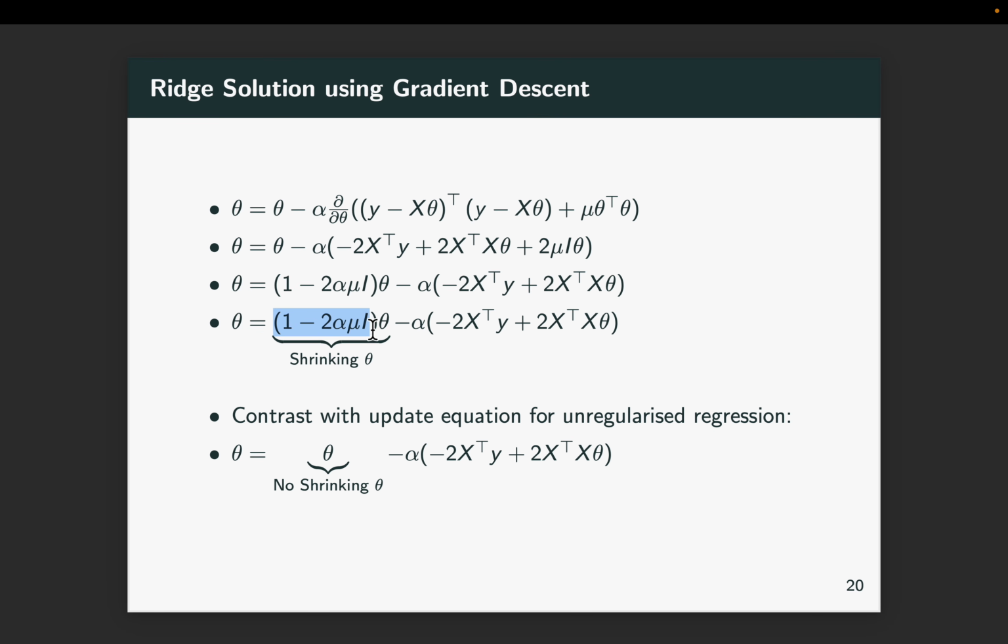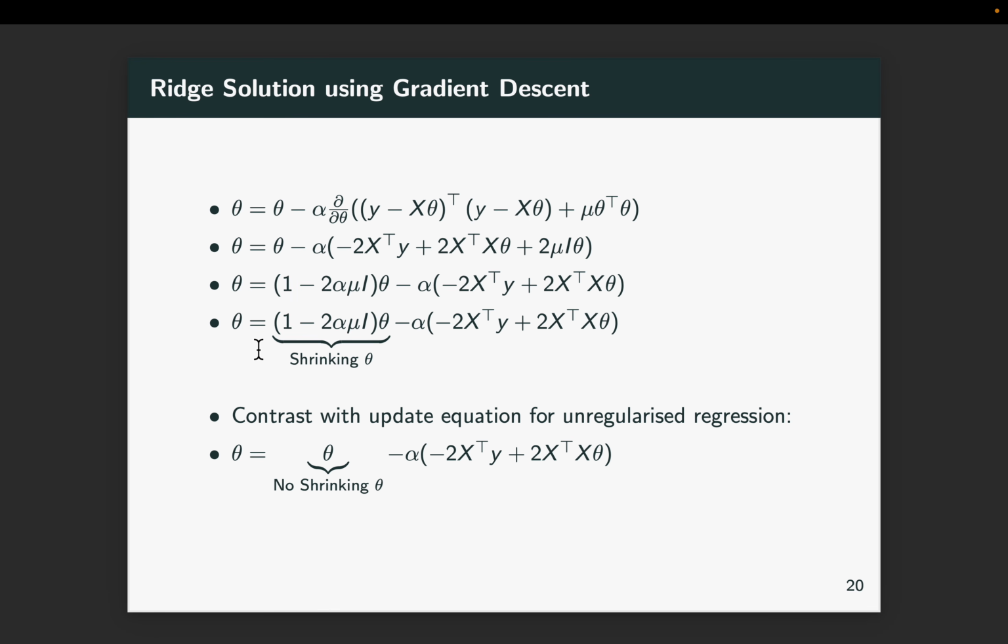Right. Can you notice that as a consequence of the new term that you have added, which is minus 2 alpha mu into the identity matrix, you have two terms in this theta update. The first one is shrinking theta, the second one is just doing the regular update, right. So if you had unregularized regression, you had new value of theta equal to previous value of theta minus alpha times the gradient of the data fit term.